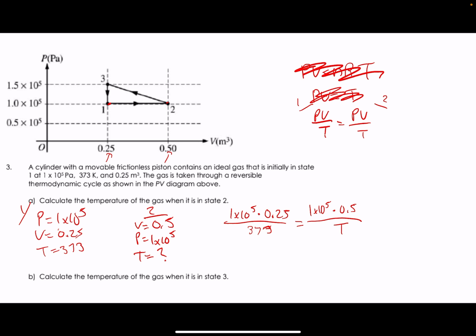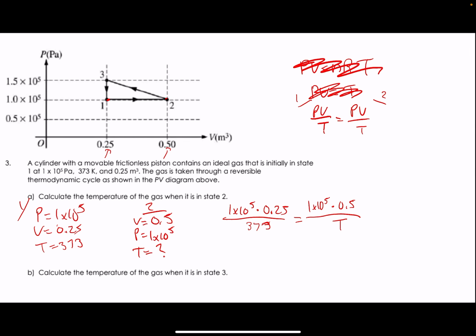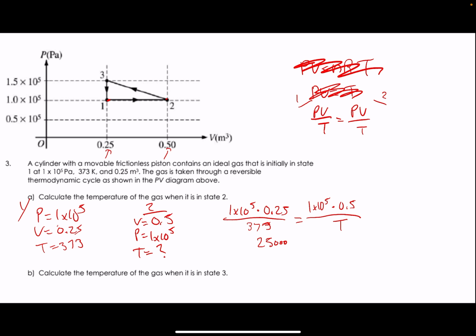And how do we solve for T? Well, let's first simplify it. So let's simplify the top and bottom of each. 1 times 10 to the 5th times 0.25. We're going to get 25,000 over 373 is equal to 1 times 10 to the 5th times 0.5, which should give us 50,000, yep, over temperature.